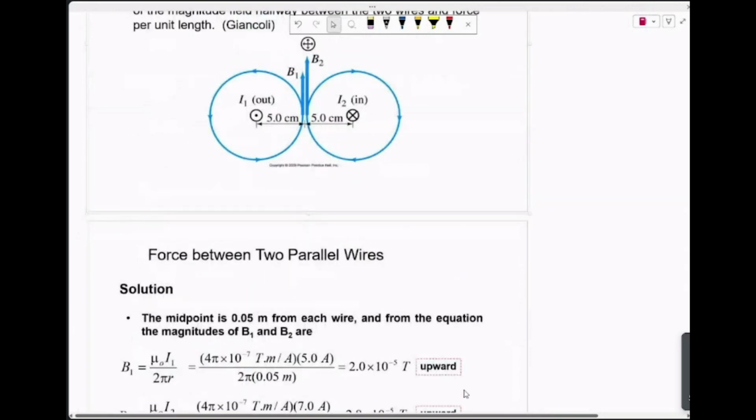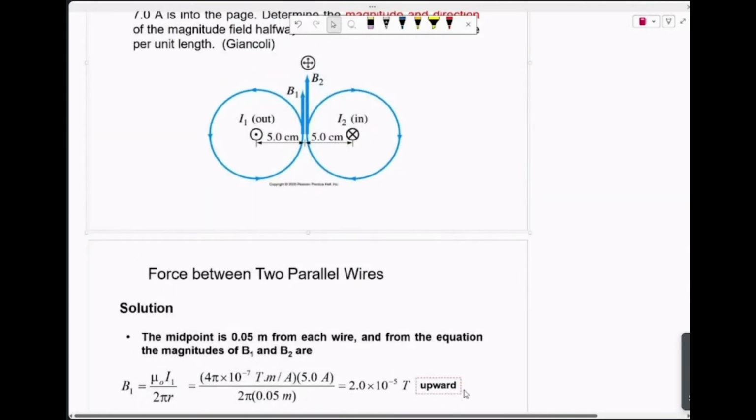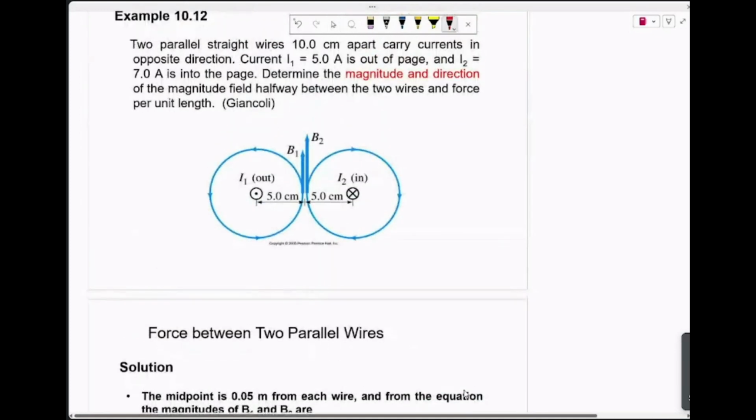So what does it mean? It's not the same condition. The first question is to determine the magnitude and direction of the magnetic field halfway between the two wires. So you are looking for the magnetic field at this point.